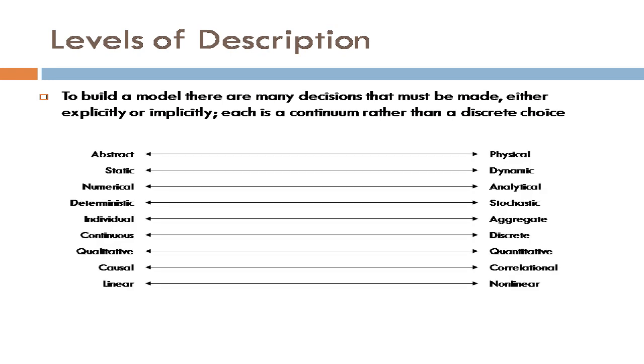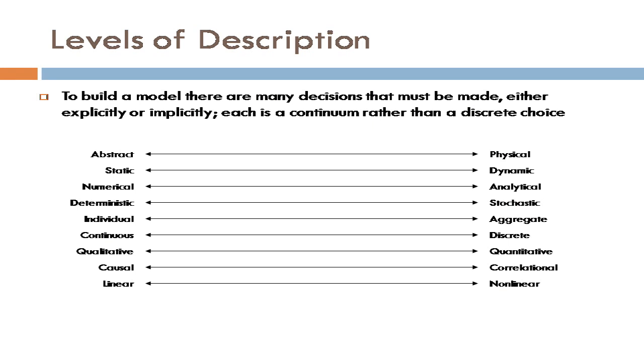So some of the choices that you have to make are these. Some are applicable possibly to you, but maybe others are not. So you can build an abstract model, or you can build a physical model, or some mix in between.